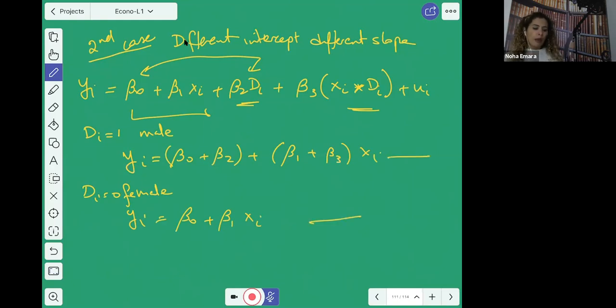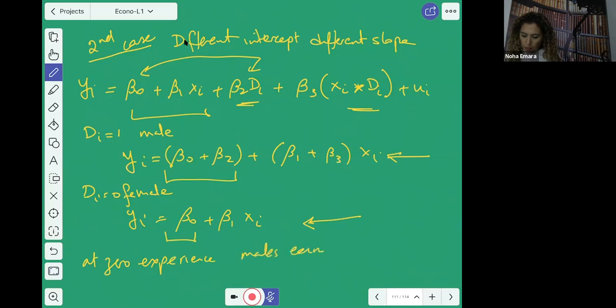So when I look here at the females and at the male regression, at 0 experience, they earn differently, right? So at 0 experience, males earn beta 0 plus beta 2, females earn beta 0. So this is at 0 experience, okay?